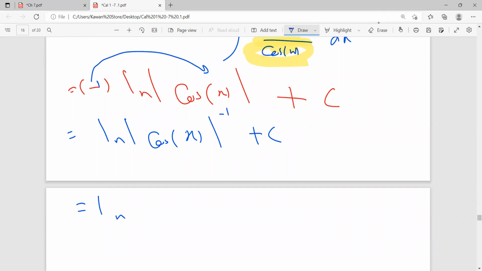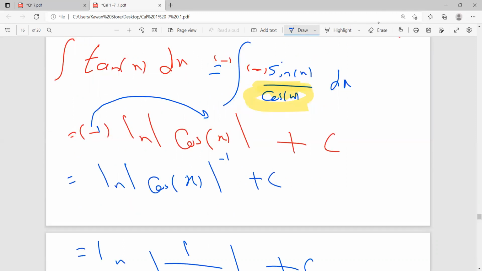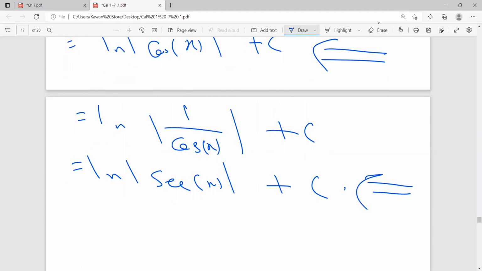Cosine with the minus means 1 over cosine of x plus c, and 1 over cosine is equal to secant. So in your book, instead of that answer, you will see this answer. Both are true, both are the same.